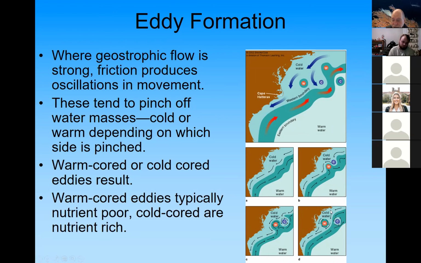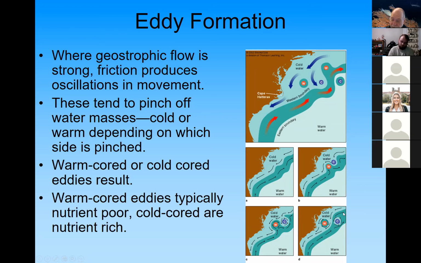And so oceanographers would take plankton samples moving across one of these warm core eddies, and the abundance of plankton and other marine organisms would be high in the surrounding waters and low in the warm core eddy. The opposite is true in the Gulf Stream. So there'd be a cold core eddy, which would have relatively higher productivity.